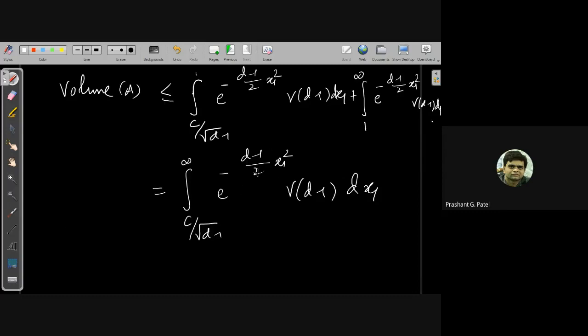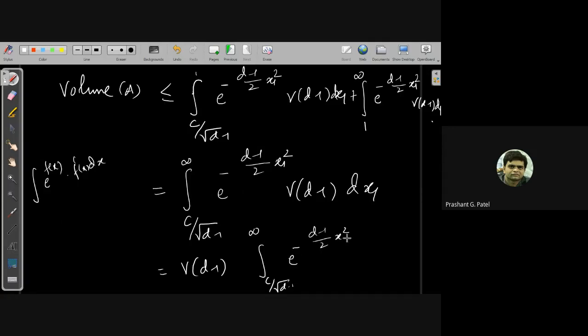But to integrate this, we can insert one more term, x1, because of the derivative of this quantity, the numerator. So ultimately what I'm setting is e power f(x) into f dash of x dx. So this is nothing but v of d minus 1 times the integration from c upon square root of d minus 1 to infinity, e power minus (d minus 1) by 2 x square, x1 square dx1.